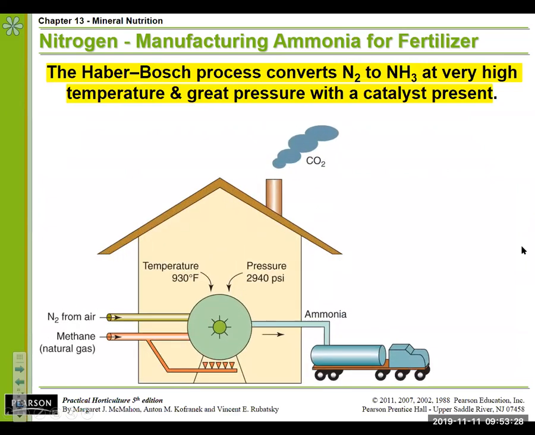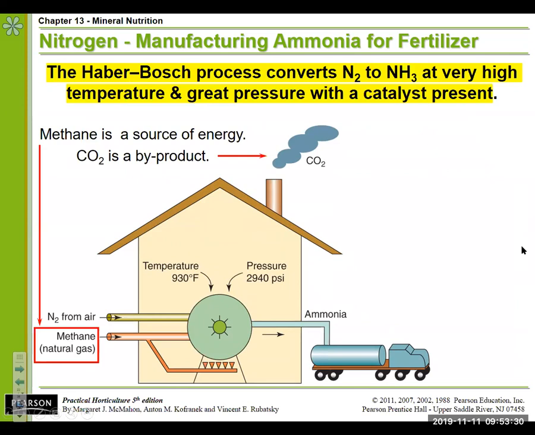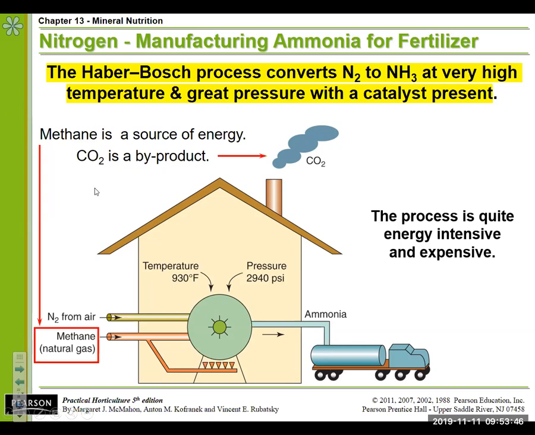For synthetic nitrogen, we actually manufacture ammonia for fertilizer through the Haber-Bosch process, which is converting that atmospheric nitrogen to ammonia at very high temperature and pressure, and with some sort of catalyst present to kind of bind it, often to a salt-based fertilizer.